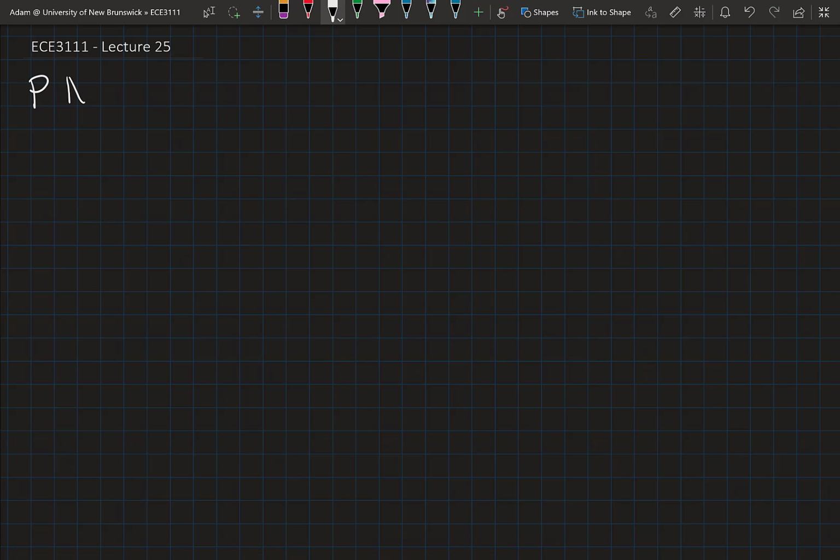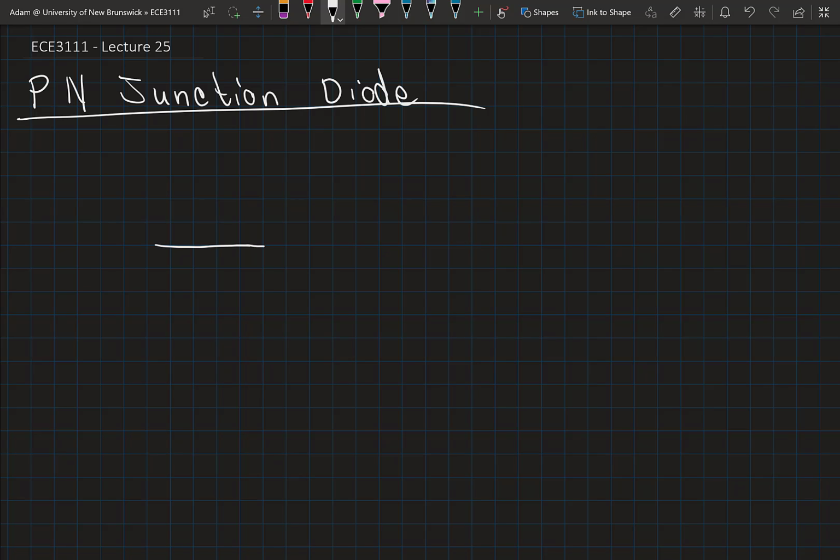Okay, so let's look at a PN junction diode that is formed from, as the name suggests, a piece of material that's doped to be P-type and a piece of material doped to be N-type. And very often the material is silicon.